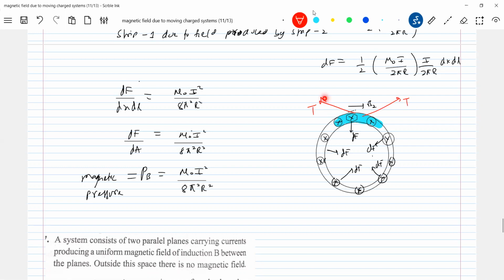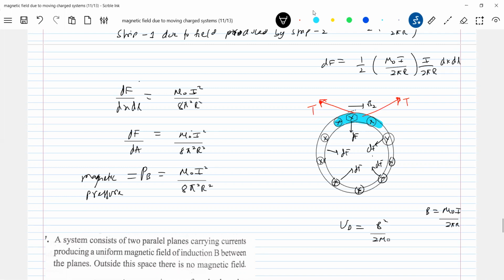So all application problems will come for you. There's a basic idea now. We must know what is the thing. So when you get a problem like this, you can write the formula for energy density, B square by 2 mu naught. Calculate B square, you get the same answer. What is B equal to? Mu naught I by 2 pi r.